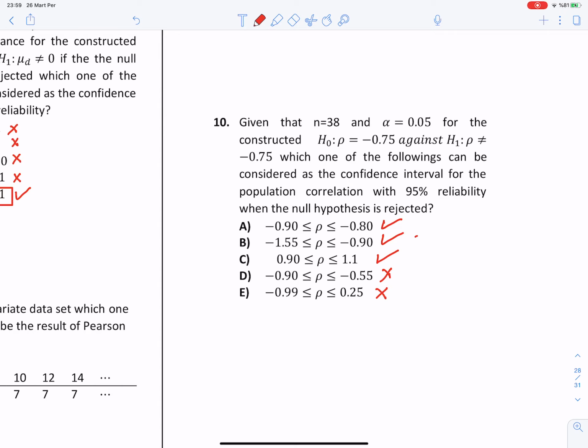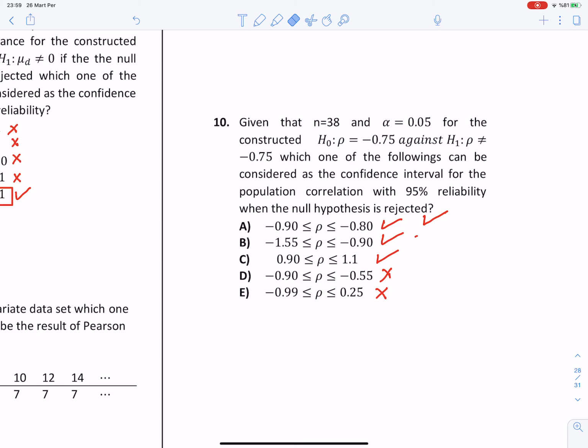Remember that the Pearson correlation or the Spearman correlation doesn't make any difference. It's always between minus 1 and 1. So in this case, option A seems to be okay.